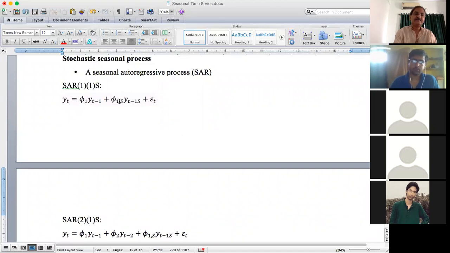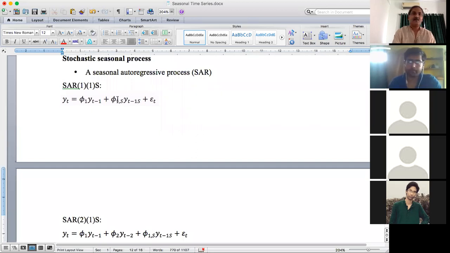Similarly, we can apply the rule in the case of the seasonal part also. So the AR1 component in the seasonal part means the coefficient for y t minus 4, or the coefficient for y t minus 12, or y t minus 52, or y t minus 24, or y t minus 7, depending upon the frequency of seasonality.